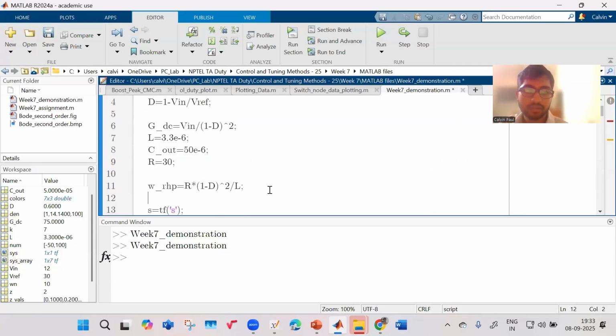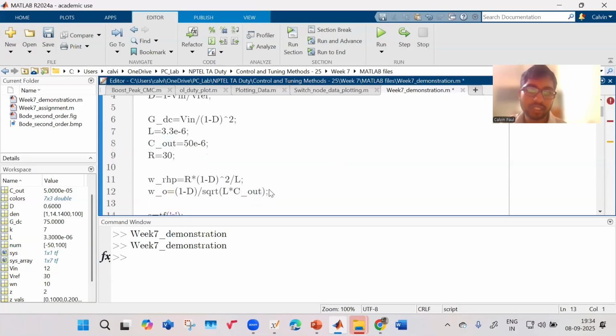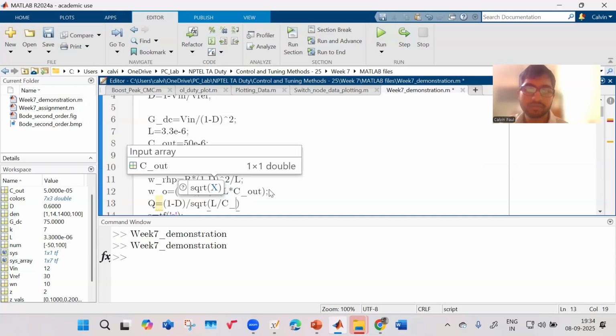Omega naught is equal to (1 minus D) by square root of L into C. I define C as C out. And your Q is equal to (1 minus D) divided by square root of L divided by C out. And this is the expression.